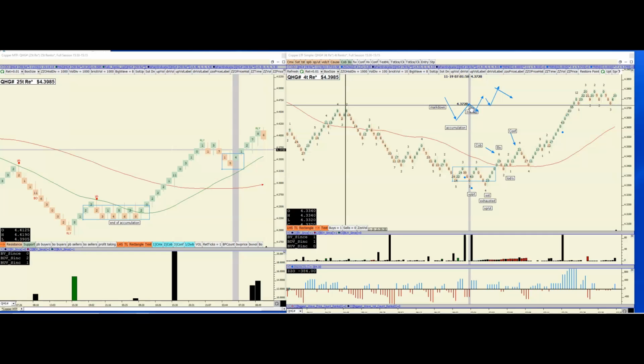These key characteristics of accumulation into markup are what give you, as a Wyckoffian, an edge, because this is what we know. We know about the shortening of the thrust and the climax. We know that creates the left-hand side, followed by a secondary test. We know about the sign of strength. We know about the springs. We know about the volume off the bottom.